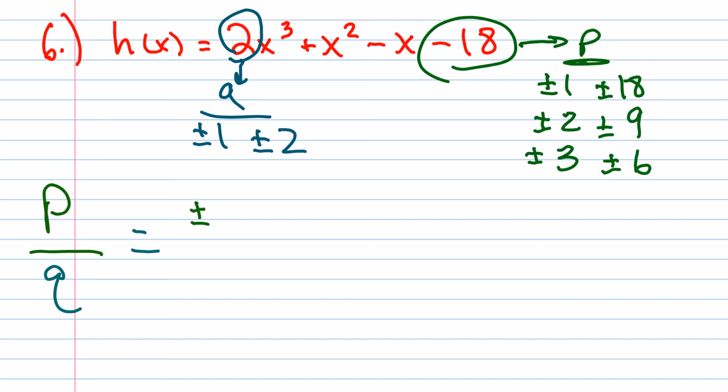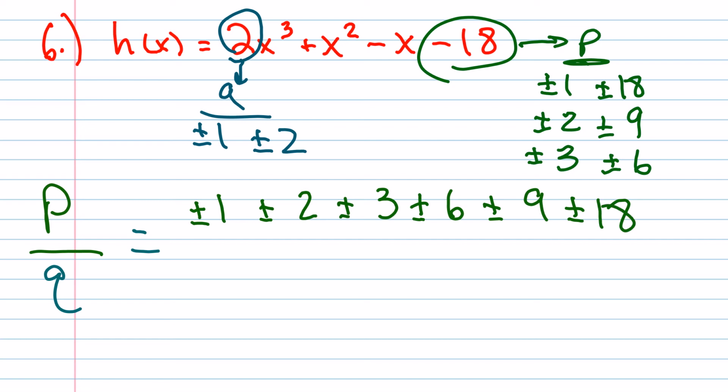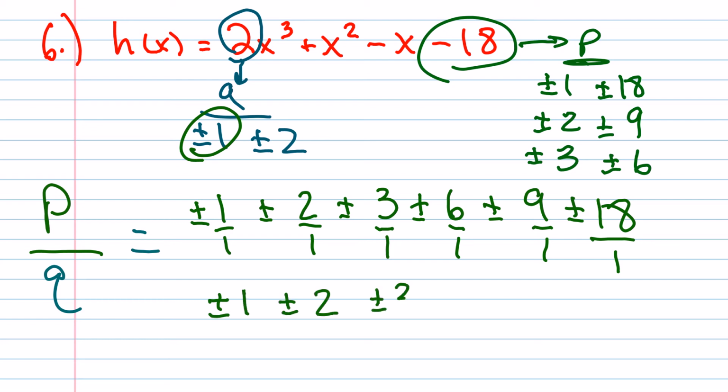So I write plus or minus 1, plus or minus 2, plus or minus 3, plus or minus 6, plus or minus 9, plus or minus 18, and I put it all over 1. Then I do everything again, I write all my p's again, plus or minus 1, plus or minus 2, plus or minus 3, plus or minus 6, plus or minus 9, plus or minus 18, this time all over 2.